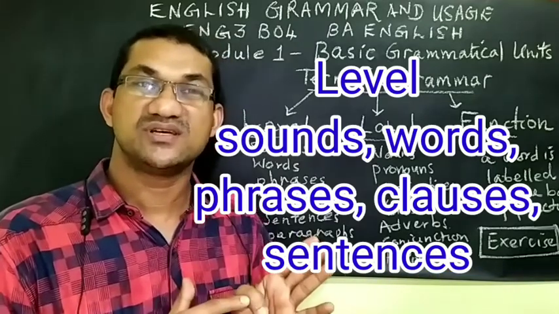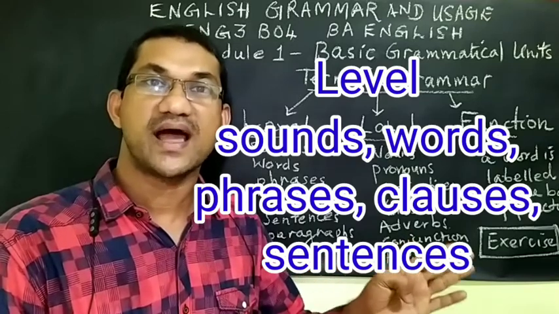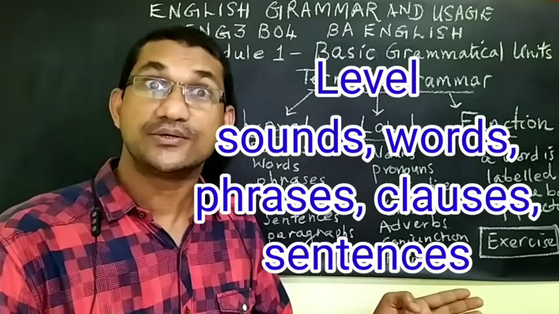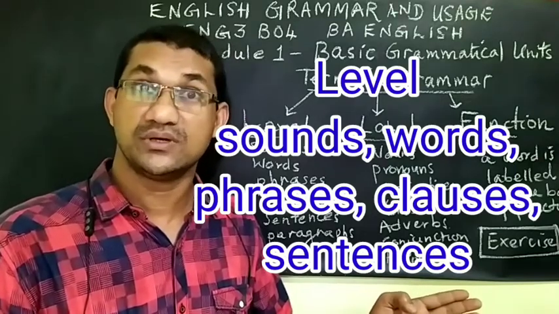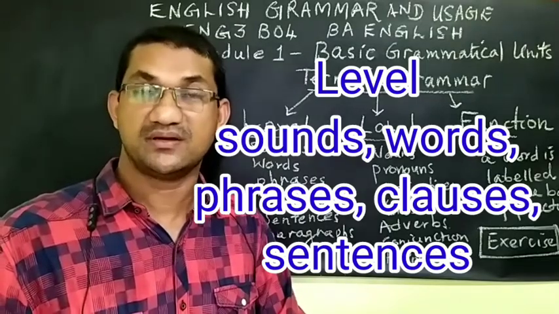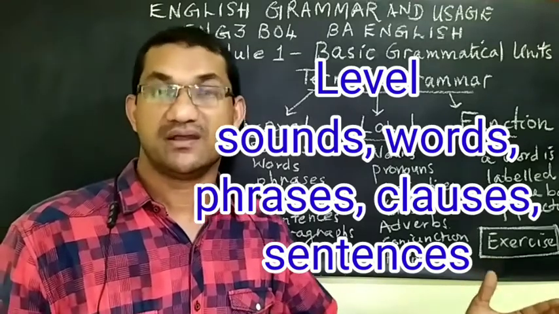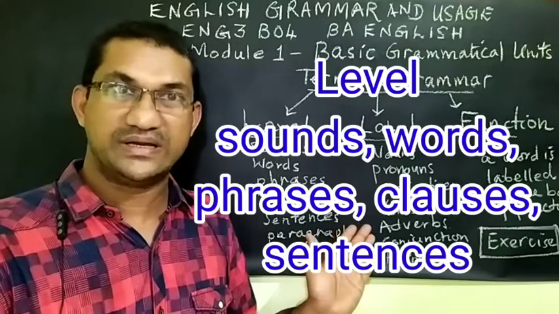Here we have the subject, the cat, and the predicate, chases the rat. The cat chases the rat is a clause. A clause is again divided into the principal or independent clause and the subordinate or dependent clause. We will learn all that slowly.